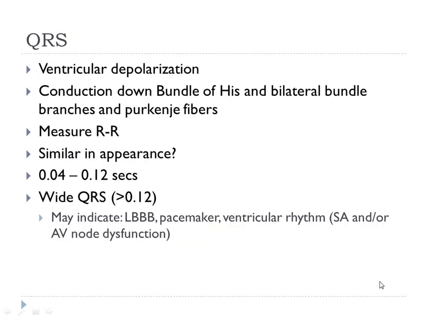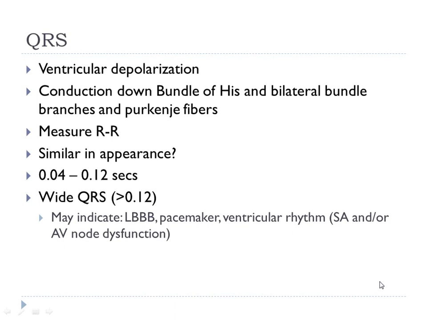We talked about the ventricular depolarization, which is ventricular contraction, and is symbolized by the QRS wave. We talked about measuring the R to R. And all of your QRSs should, again, look about the same. All right? There shouldn't be a lot of variation in the height of the QRS in one rhythm.